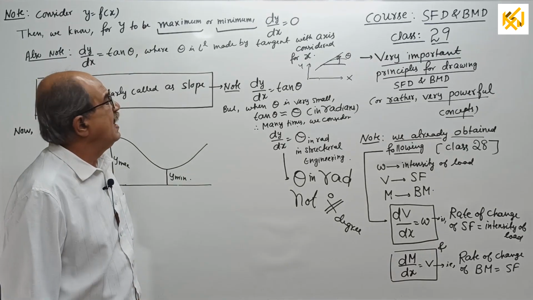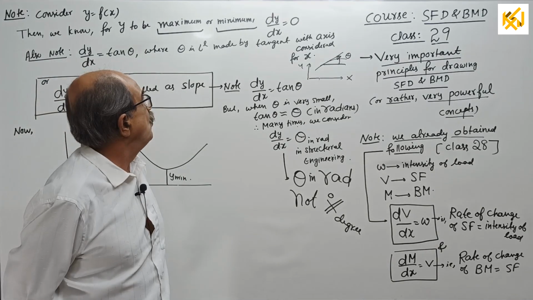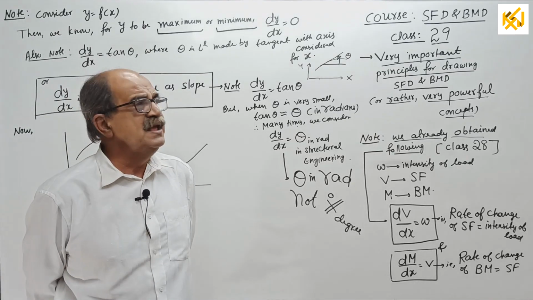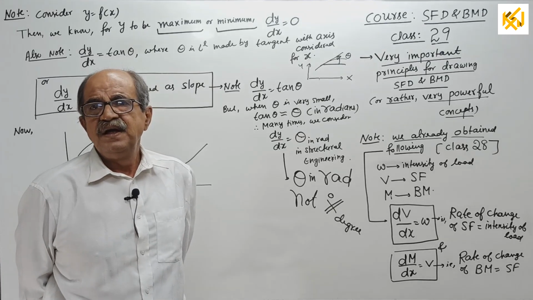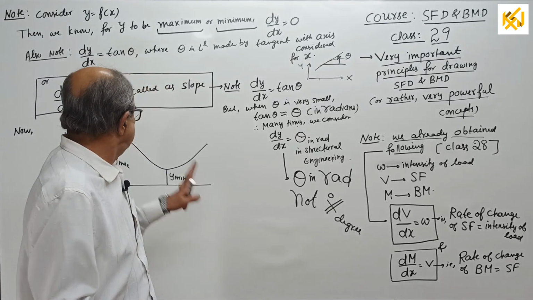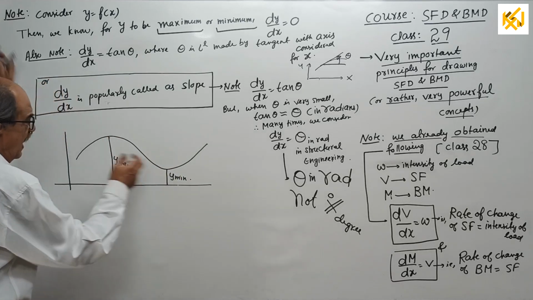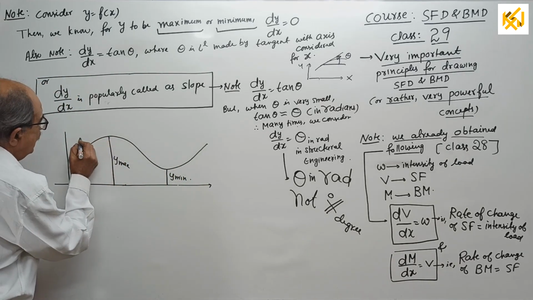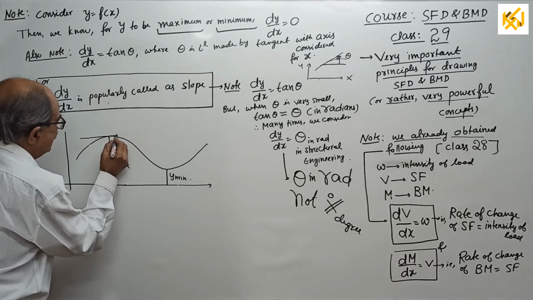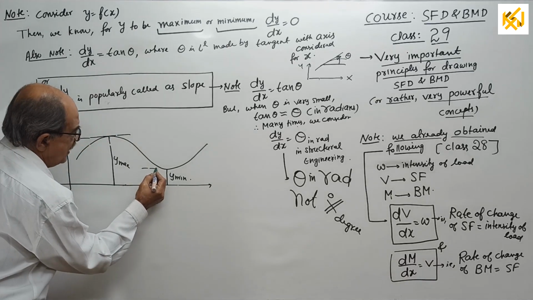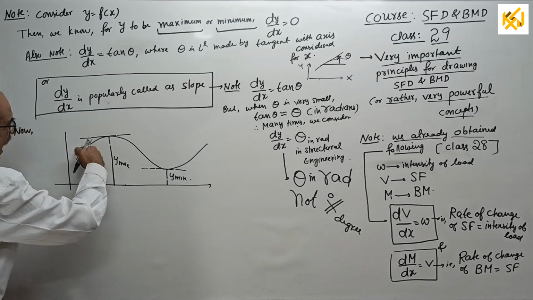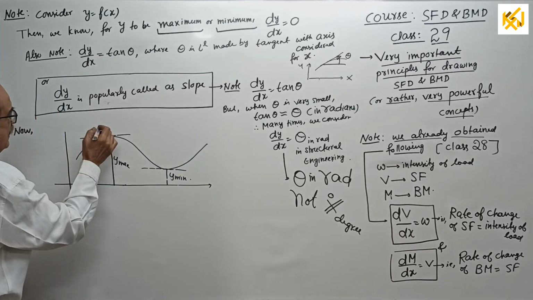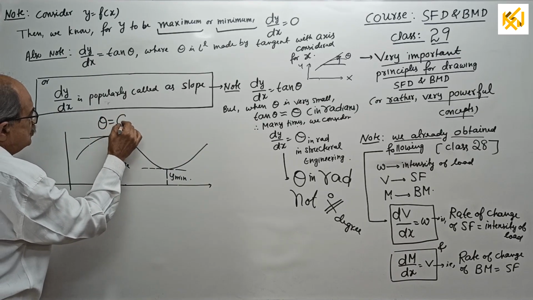See, many people are under the impression when dy by dx is 0, y is maximum. No. When you draw BMD, so many times it happens that it is minimum. Now, see, maximum, minimum. This is x you are considering here. See. Now, if this is maximum, draw a tangent here. Draw a tangent here. For it to be maximum or minimum, the tangent should be parallel to baseline, or here theta should be 0.